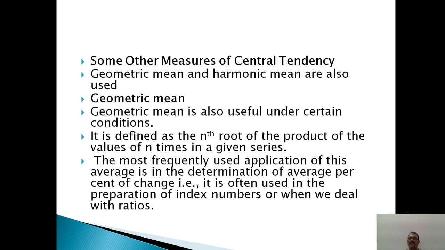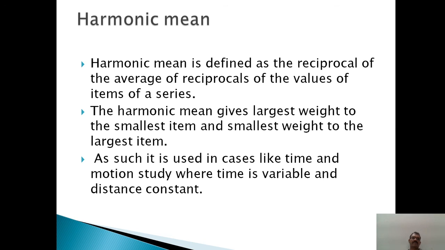The most frequently used application of this average is in the determination of average percentage of change. That is, it is often used in the preparation of index numbers or when we deal with ratios.